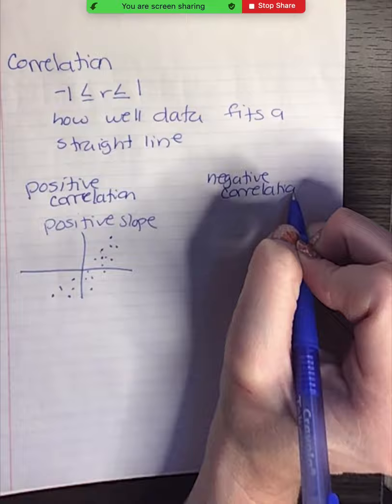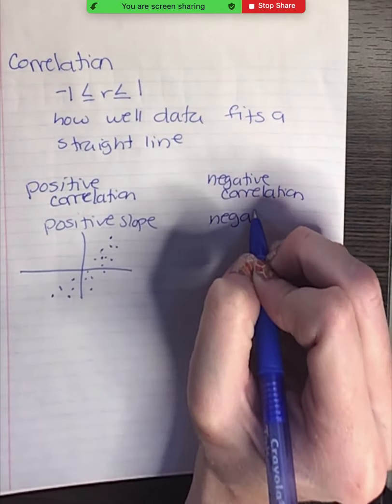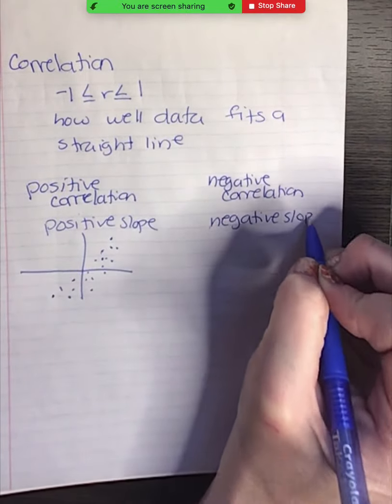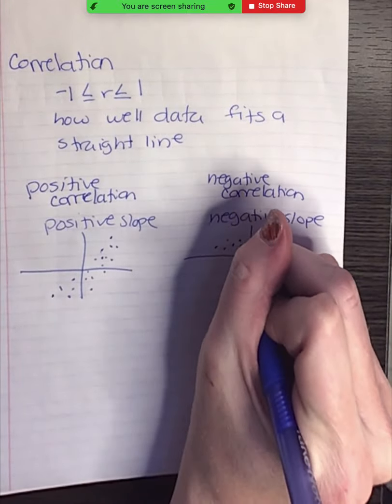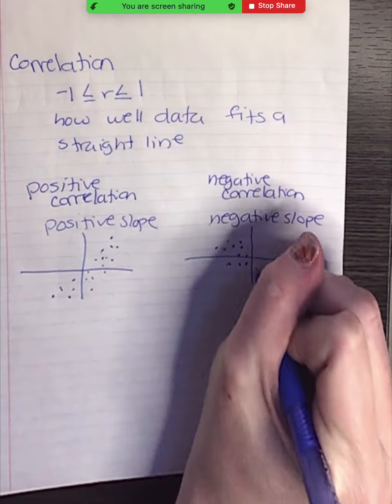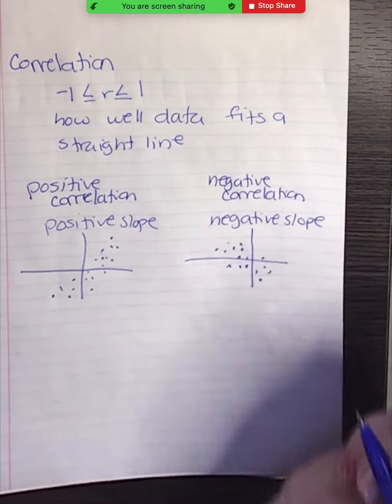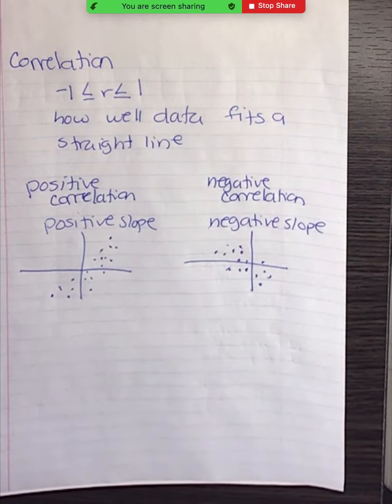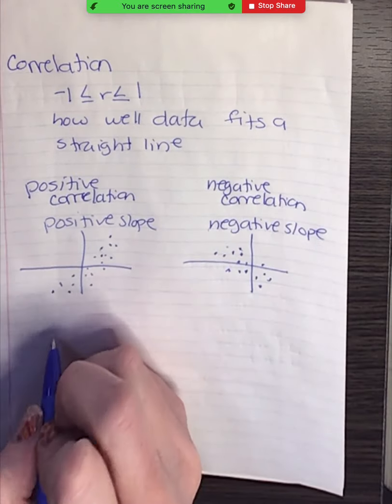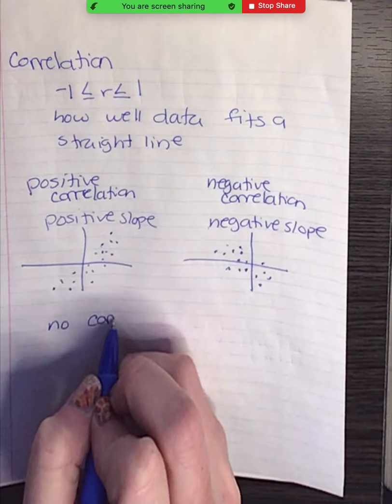That's when they would have a negative slope. So if my data points are arranged something like this, and I draw a best fit line, that's going to have a negative slope to it.